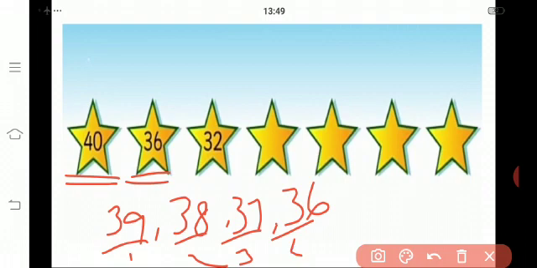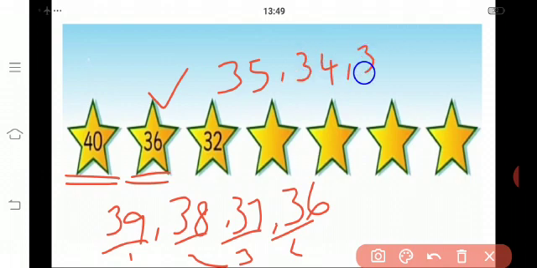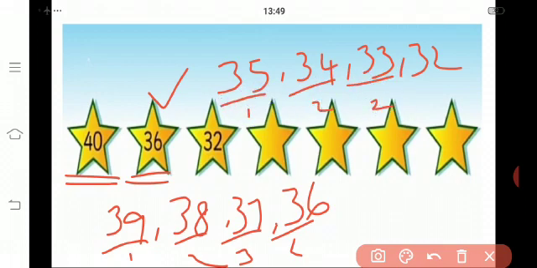So if we count backward 4 times, we get 36. The next one: 36 before, 35, 34, 33 and 32. If we count backward 4 times, we get the next number 32. Okay children, do you understand?